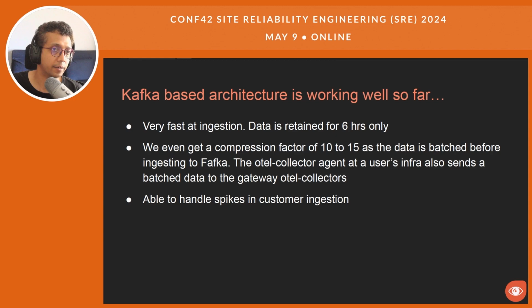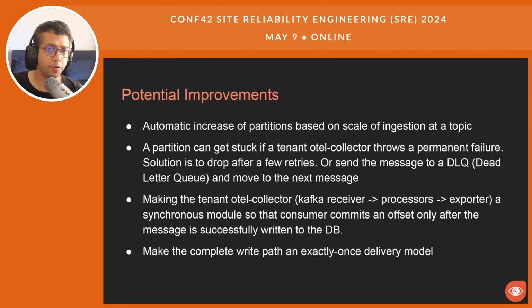There are a few areas where I think there could be improvements which we are working on currently. Can we make this automatic increase based just on the scale of ingestion of a topic? If a partition gets stuck for a tenant hotel collector, can we use methods like a dead letter queue to drop after a few retries so that it doesn't get stuck in a permanent failure?